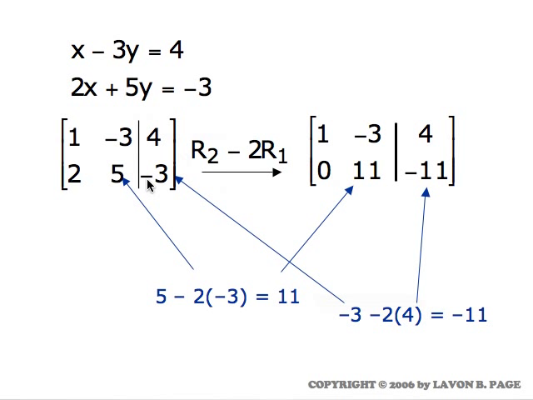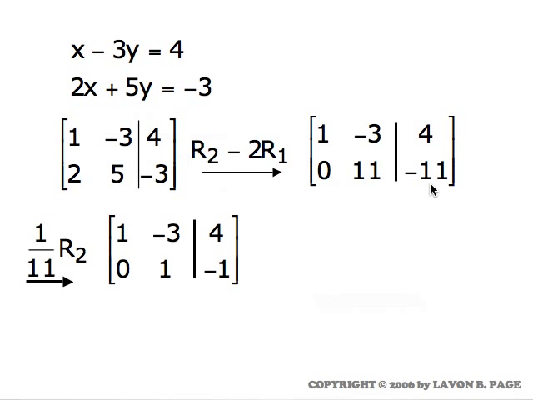And the minus 3 will become minus 3 minus 2 times 4, minus 3 minus 8 is minus 11 in this spot. So that first row operation corresponds to the first operation we did with the equations a moment ago.